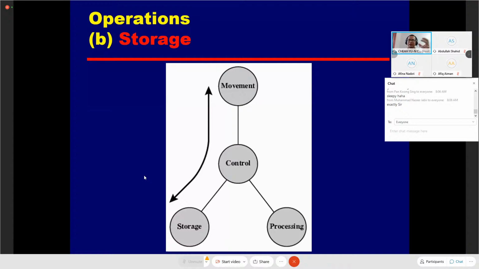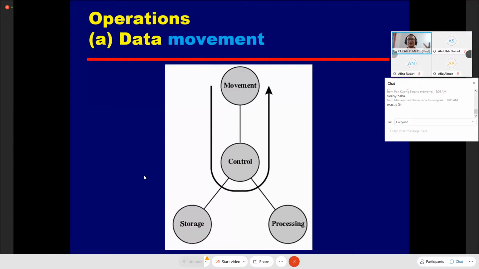So there is some data movement which eventually ends up in the storage mechanism. The control mechanism also facilitates this movement of data, and it is finally stored. So that's the second one. The first one was movement, the second is storage.